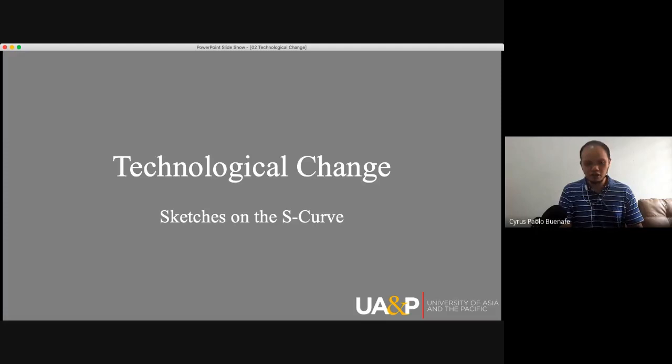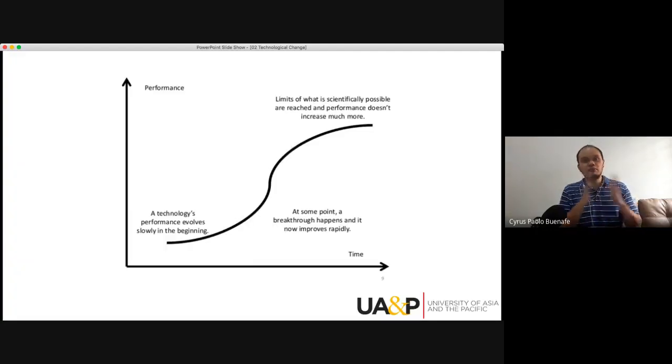Now, typically, when you try to understand technological change, at the very least, you are looking at two dimensions. The first dimension, on the screen, the vertical axis, is performance. So, how does that particular technology perform? The metric to be used can be anything.